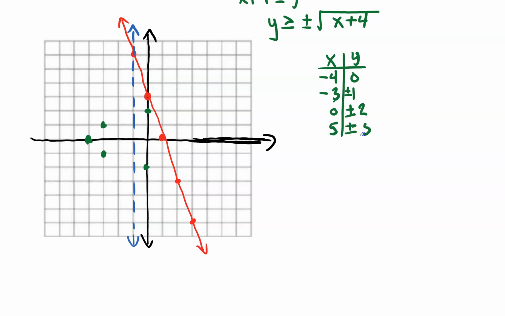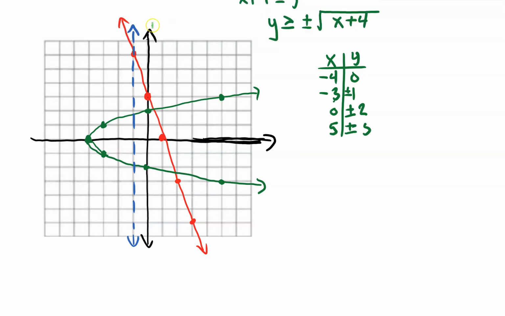So plus or minus 3. So I'm going to go over 1, 2, 3, 4, 5, up 1, 2, 3, down 1, 2, 3. Here is my sideways parabola. Whoops. So now I've graphed all 3 of those.